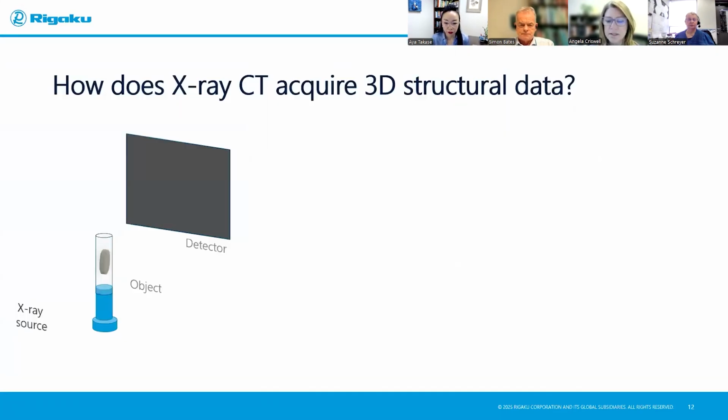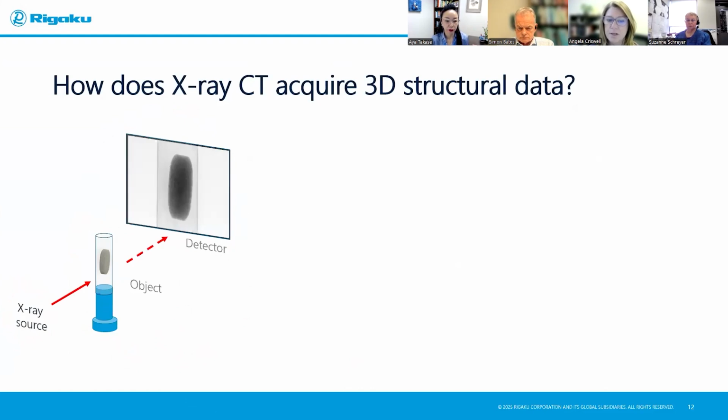So of course, to do this experiment, we need an X-ray source and we need an X-ray detector. And you have a sample of interest that's sitting here between those two. Once we turn on X-rays, some of the X-rays are absorbed by your sample of interest, but some make it through and are transmitted and measured on the detector in what we call a projection image.